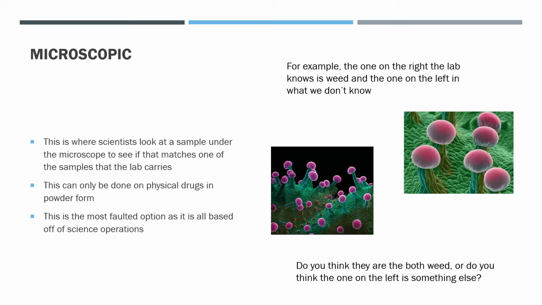Or is the left one something similar to weed, but not weed itself? The answer is they're both weed, but some people might say, oh, well, that coloring's off on the left one. It can't be. Or that might just be a different form. There's different questions to ask yourself when looking at these different tests.